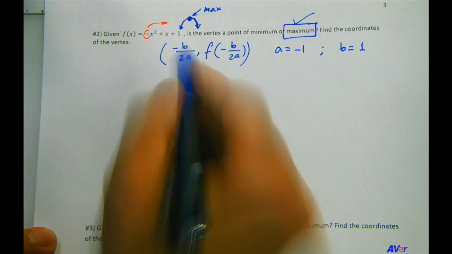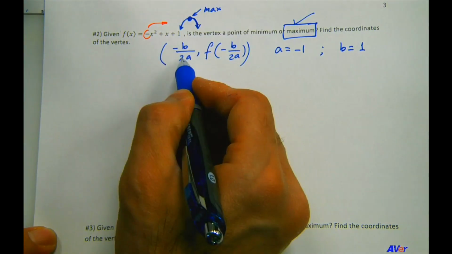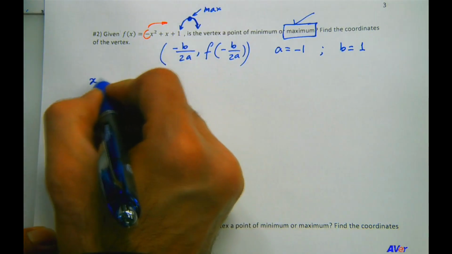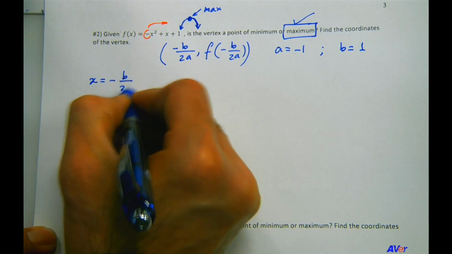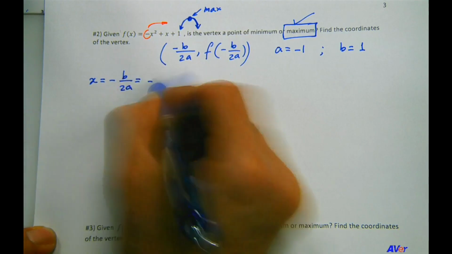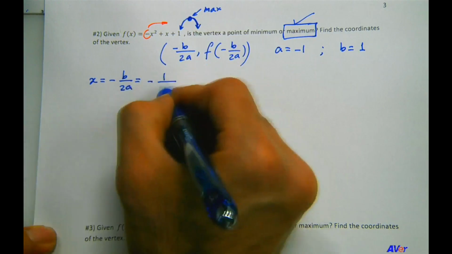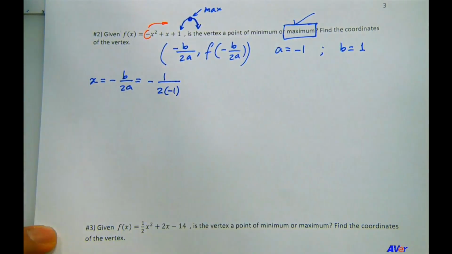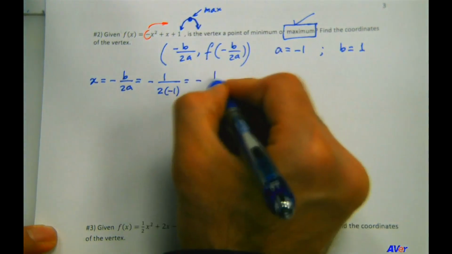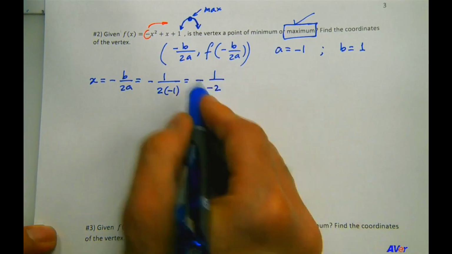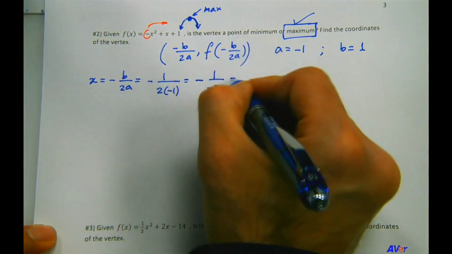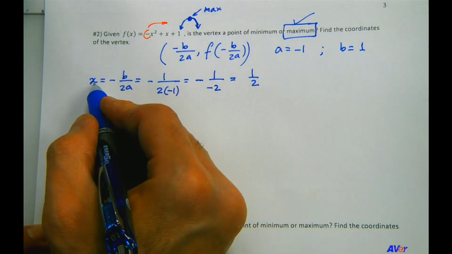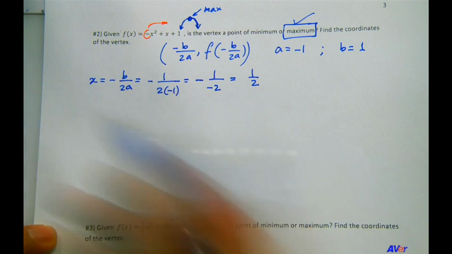So let's find the x component of the vertex. x equals -b over 2a equals -1 over 2 times -1. So what do we have? We have -1 over -2. Minus times minus, we get +1/2. So that's the x component of the vertex. We already know the vertex is a maximum.